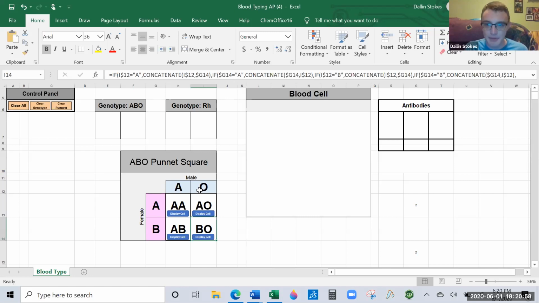When it says they're an A-type parent, you don't know what their genotype is. You know it's either AA or AO, so test them both. Pretend they're both. So run a Punnett square with AA and figure out what the possibilities are there. Then run one with AO and figure out what the possibilities are there, and then sum all the possibilities together.